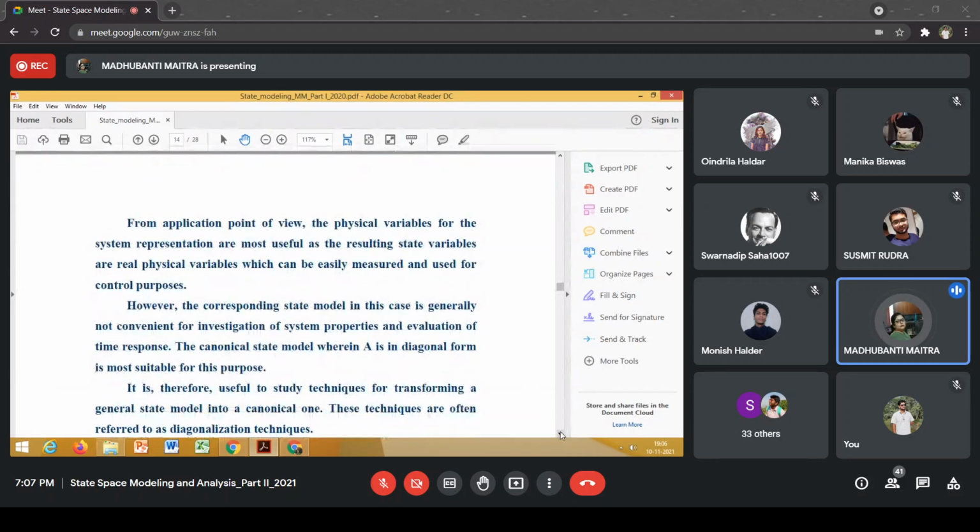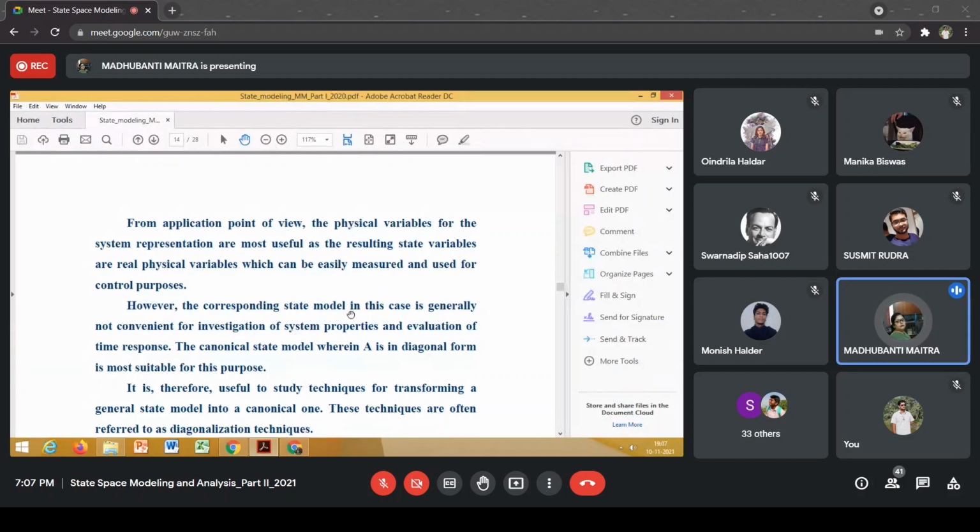From the application point of view, the physical variables for the system representation are most useful, as the resulting state variables are real physical variables which can be easily measured and which can be used for control purposes. If we can measure those variables or physical quantities, then we can use those state variables for feedback purposes, and hence using state feedback we can control the system.